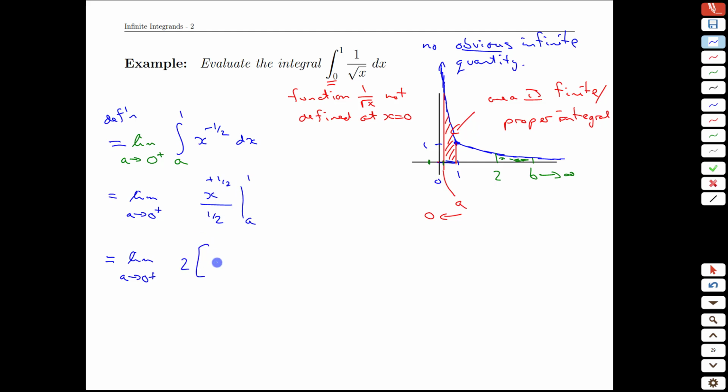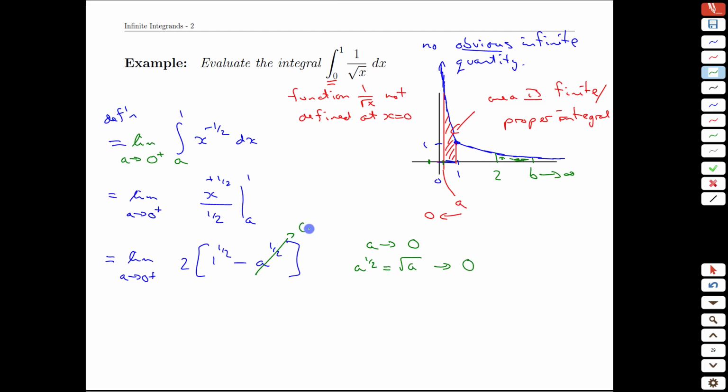We're going to plug in the 1 first, so we have 1 to the 1/2 minus a to the 1/2. And then we can look carefully at this expression, and as a goes to 0, a to the 1/2, which is just the square root of a, I can take the square root of 0, there's no problem there at all.